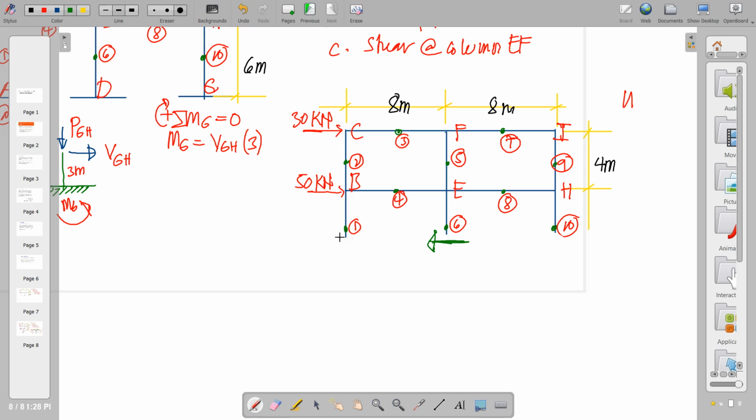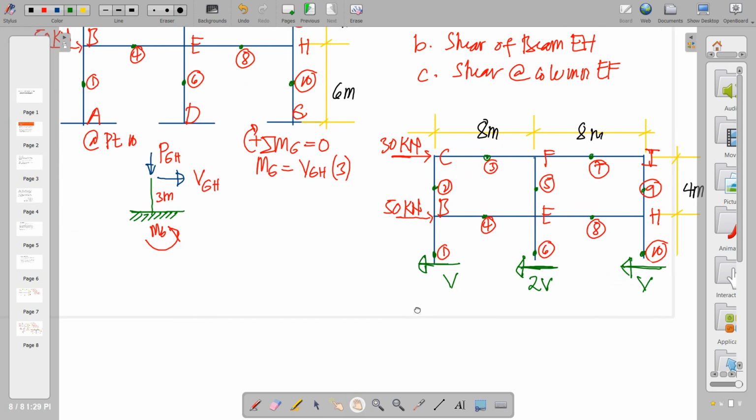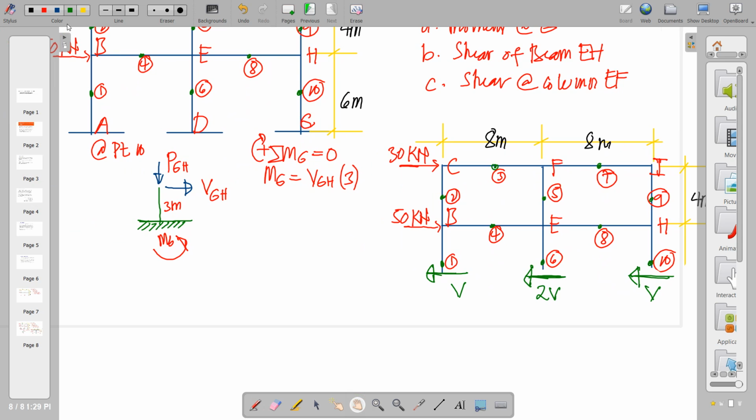As this is an exterior column, and your interior column shall carry twice the shear of the exterior column, we can compute that by summation of horizontal forces equal to 0.